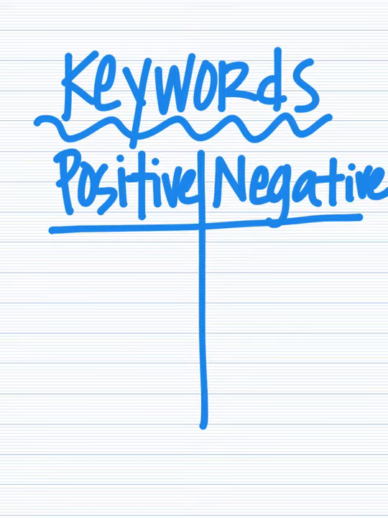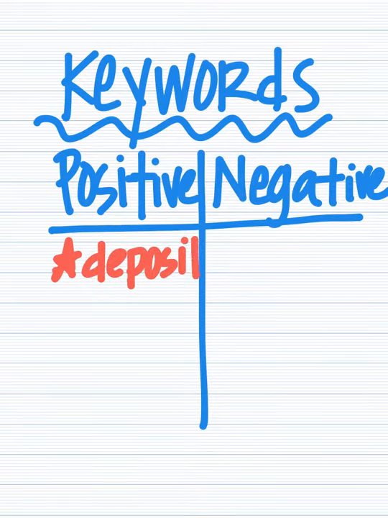Alright, so we're going to make a quick T-chart here of keywords to look for positive and negative integers. So positive, here's a hint, you will see the word positive or deposit on quizzes and tests coming up.